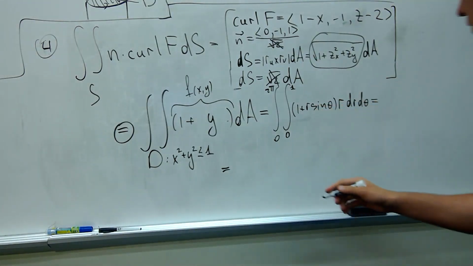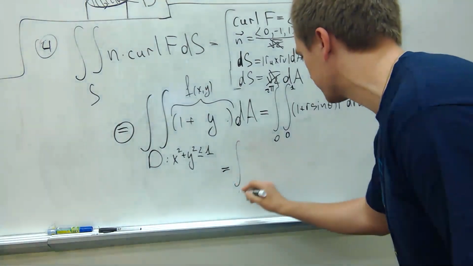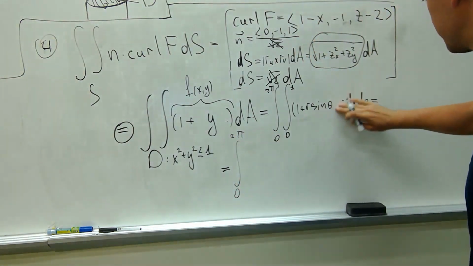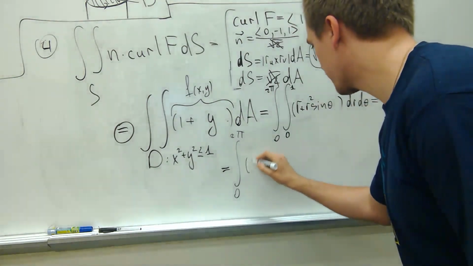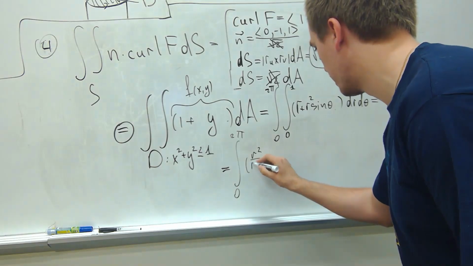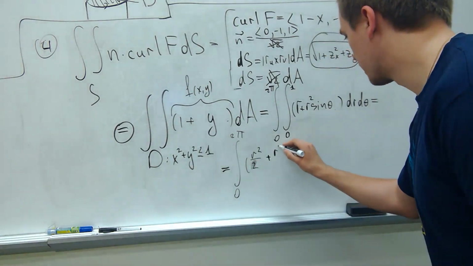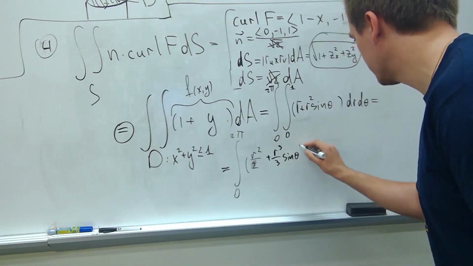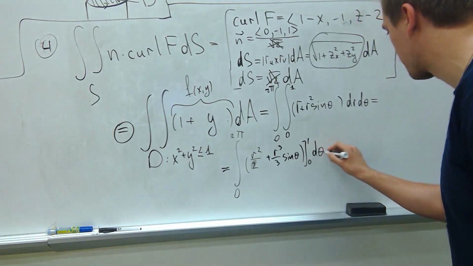Unfortunately, I cannot split it into two integrals, so let's do this, how this integral should be done. So I have the integral from 0 to 2 pi. Then I will have r squared over 2 plus r cubed over 3 sine theta. R changes from 0 to 1, d theta.